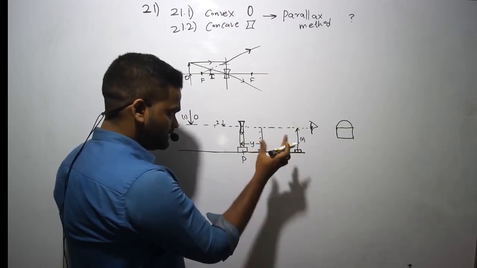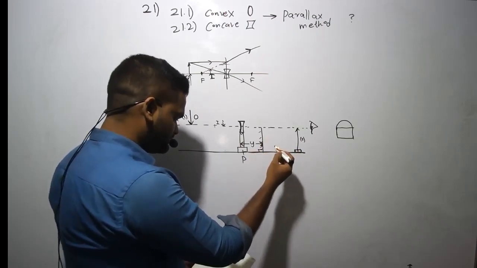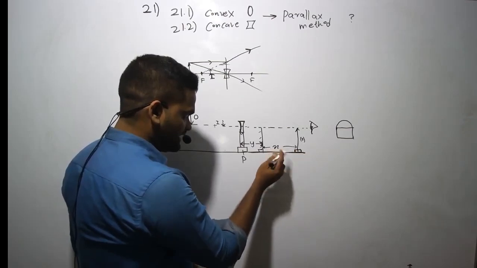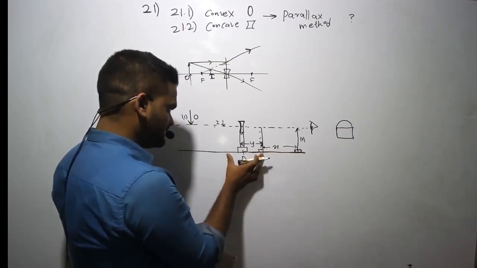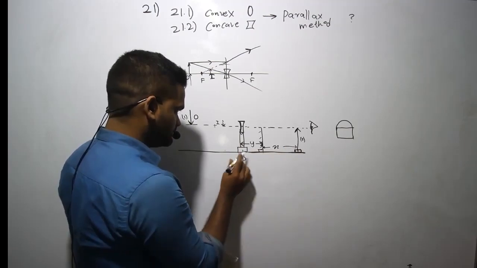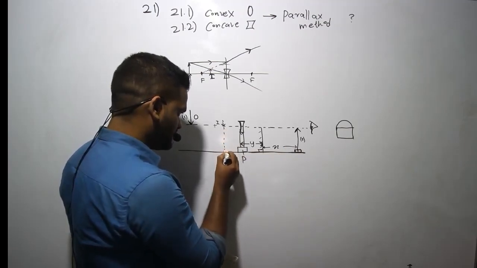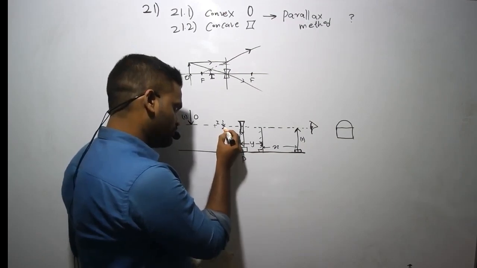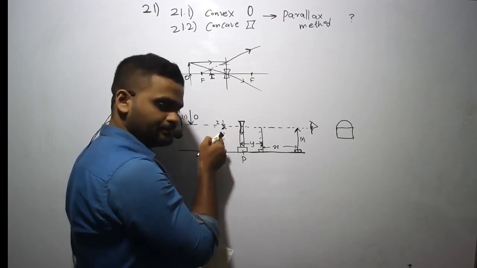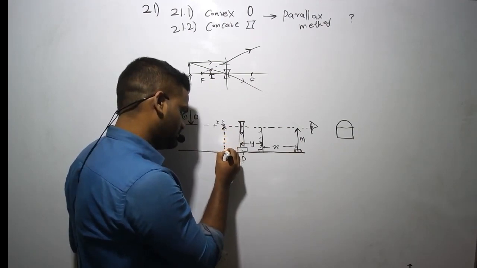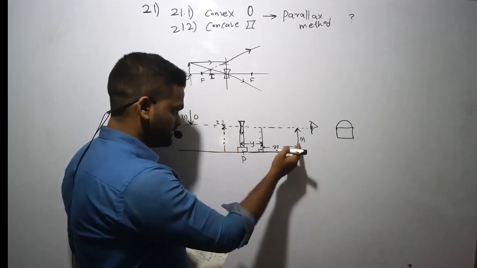Let's say this is distance x. At an equal distance x to this side, you see the image of pin 2. Let's say it is formed right here. It is actually not formed right here. You have to use the parallax method to exactly put that image here.